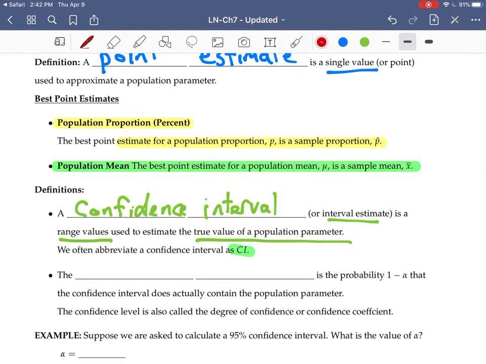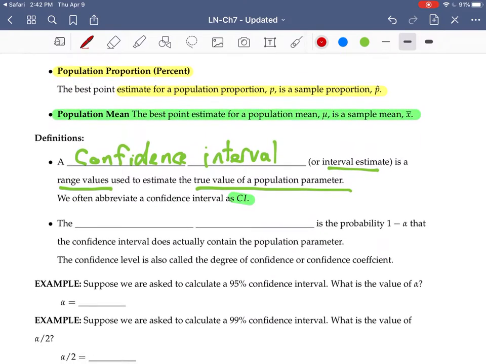Some terms associated with confidence intervals: the confidence level. This is the probability 1 minus alpha that the confidence interval does actually contain the population parameter.